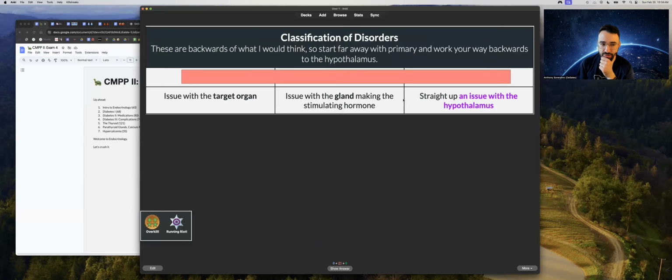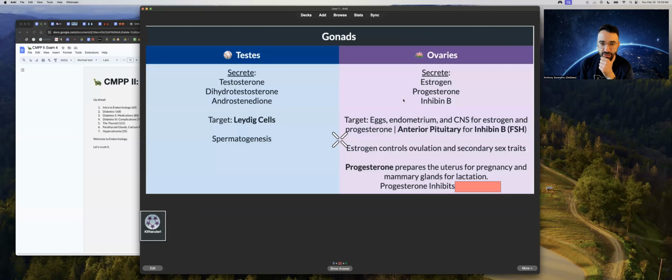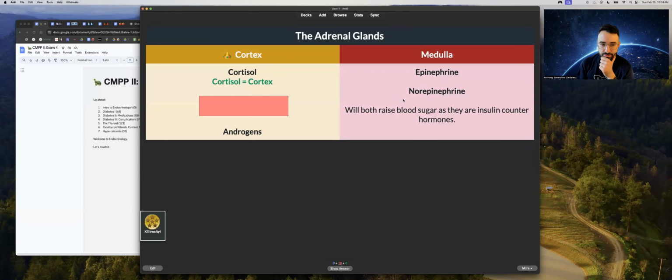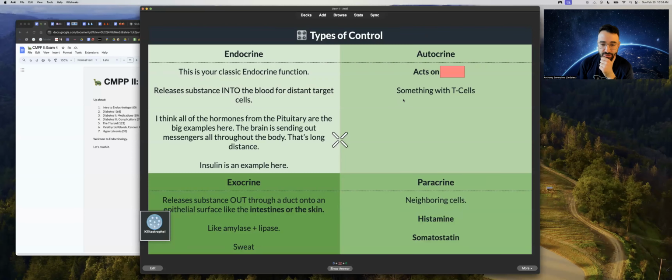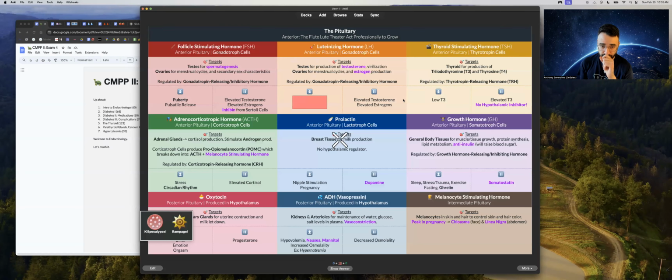Intestines. Primary, secondary, tertiary. Oxytocin. Aldosterone. Hypothalamus. Itself. Pulsatile release, puberty. Oxytocin.